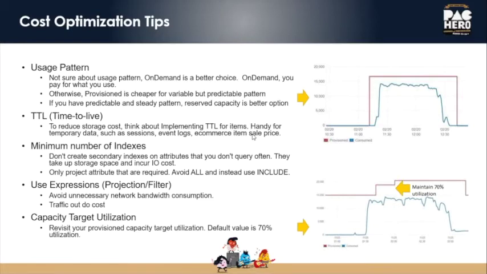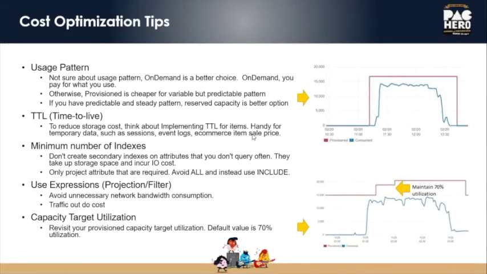If you make an update on the base table, and it also needs to update all the indexes, it is first going to consume all those capacities, and it will also be consuming the storage. So you're basically incurring quite a lot of cost there. So one of the things you want to do is, if you're not using an index, delete that index, or basically have only the attributes in the index that are needed.